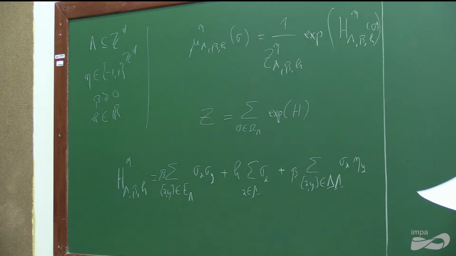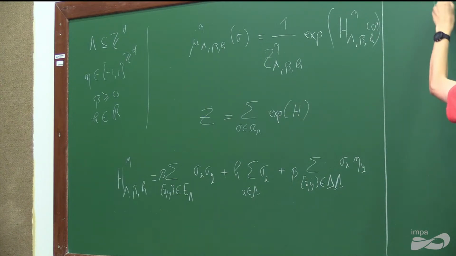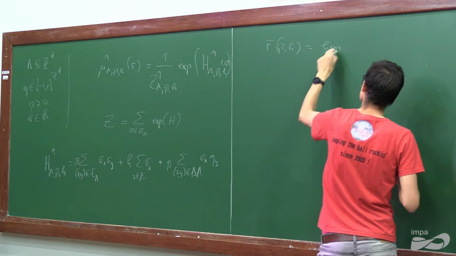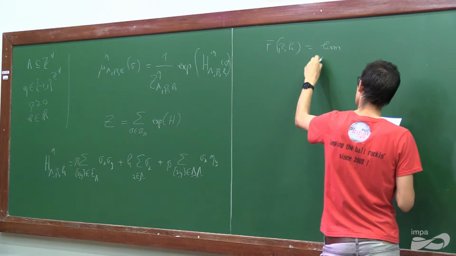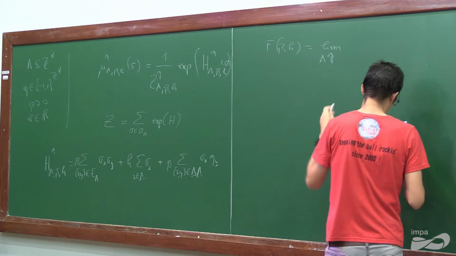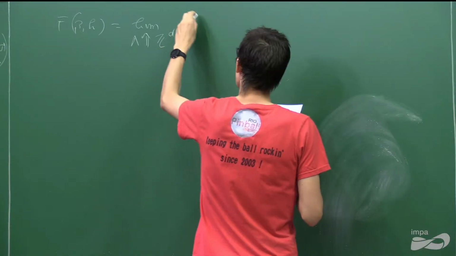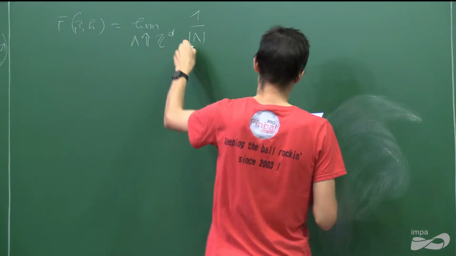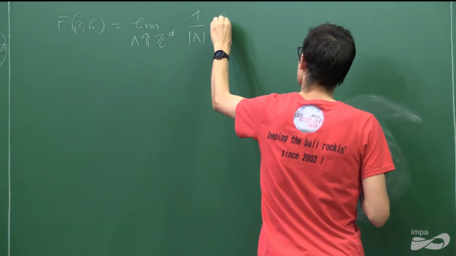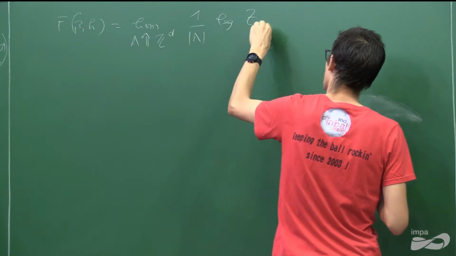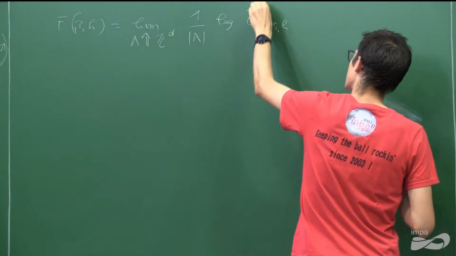From this we have defined a free energy, which is just the limit when Lambda goes to Z^d of 1 over |Lambda| log Z_{Lambda,beta,h,eta}.